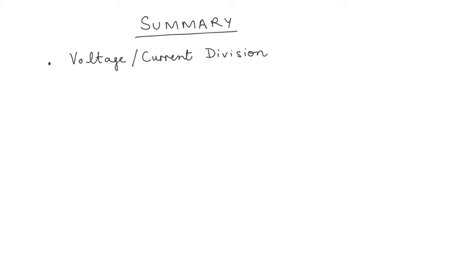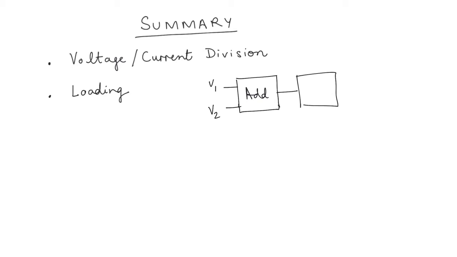We also looked at the concept of loading, which is very important because we have these different electronic circuits that do different kinds of things. For example, you could have one electronic circuit that does an addition between two voltages, V1 and V2, and then we put another circuit that does division, like we looked at in this lecture.